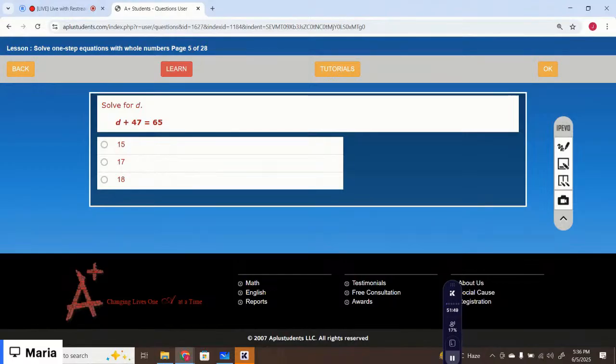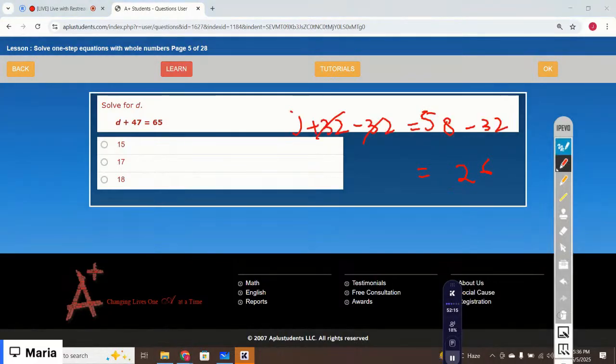Solve for t. So t plus 47 equals 65. So just subtract 47 from both sides. t plus 47 minus 47 equals 65 minus 47.